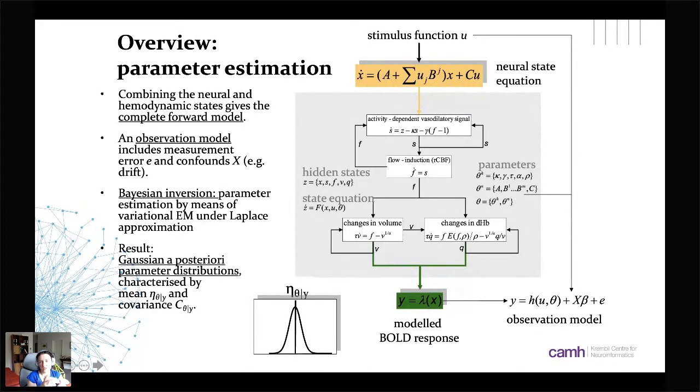So in the result, we have posterior distributions of each parameter that have a Gaussian shape. So a Gaussian distribution described by its two moments.